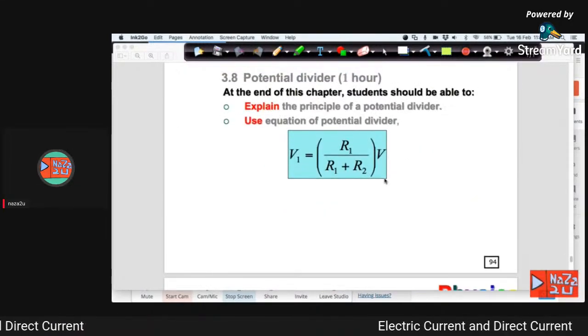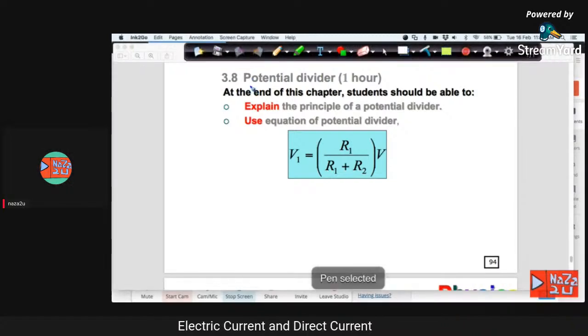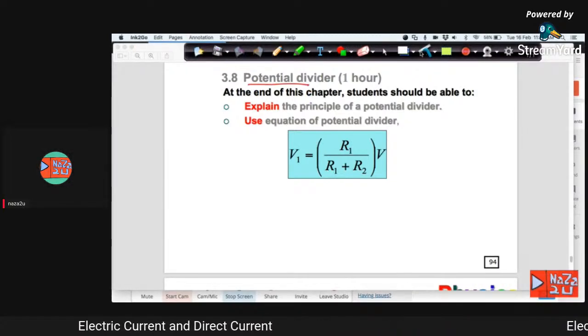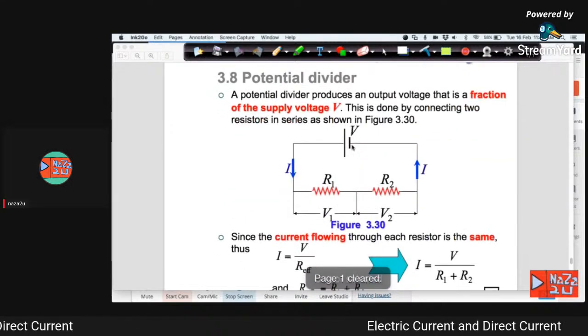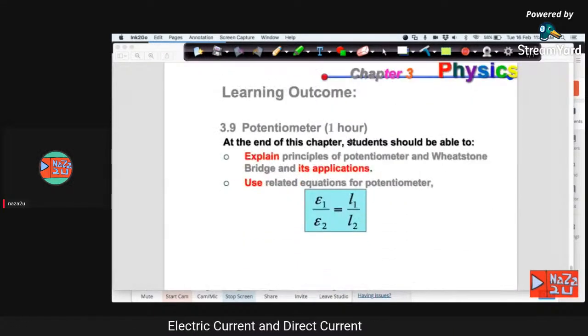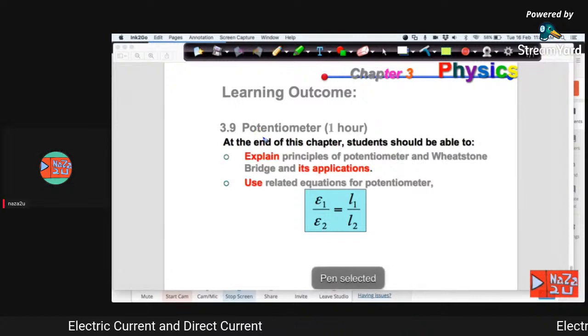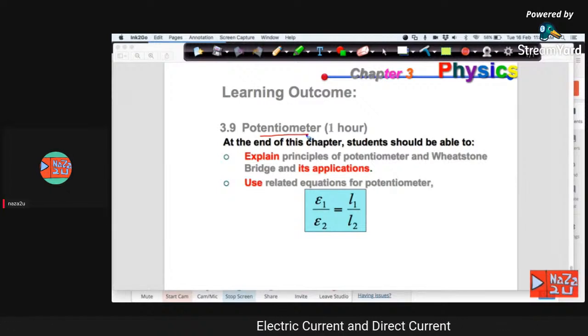The last lagi kita akan ada di sini potential divider. Okay, potential divider. And the next is potentiometer. Itu mungkin kita akan buat satu lagi sesi kelas lecture untuk bincang potential divider and potentiometer. Itu sekejap sahaja kita boleh habiskan nanti.